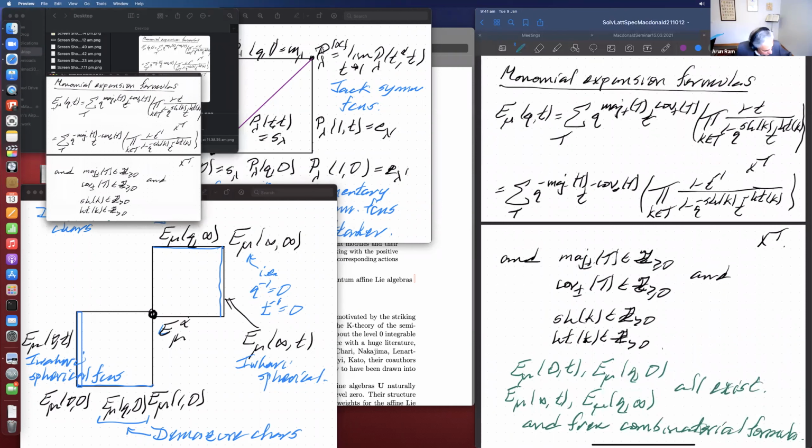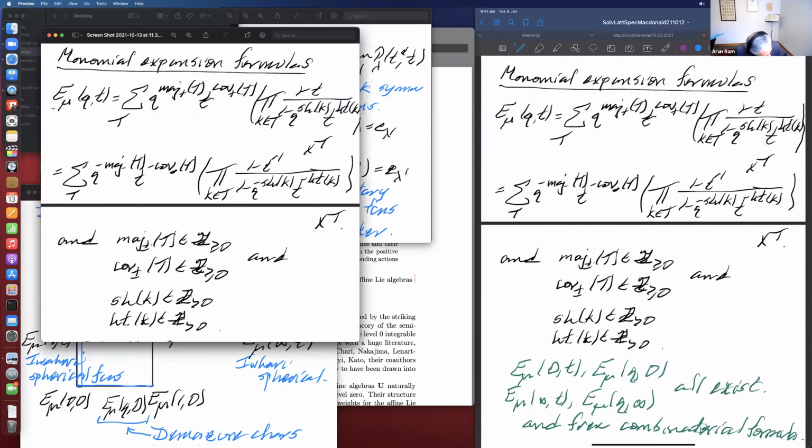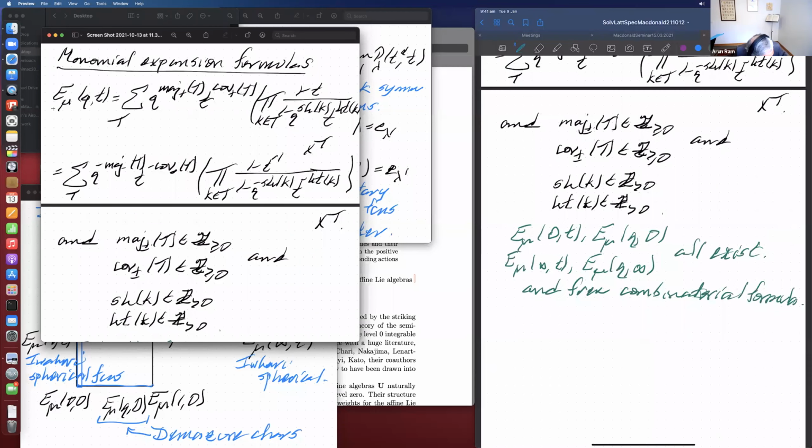Right, so when we look at that, we get another consequence, and these formulas give two things. First of all, they give one of those things that I mentioned before, that E lambda 0t is equal to x to the lambda if lambda is dominant.